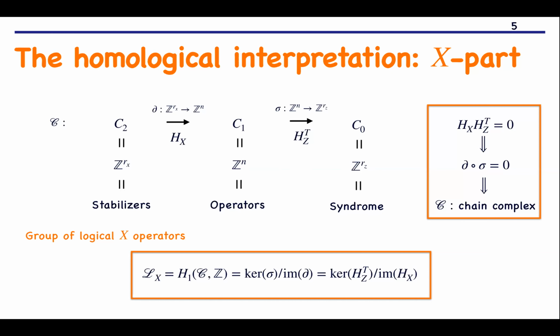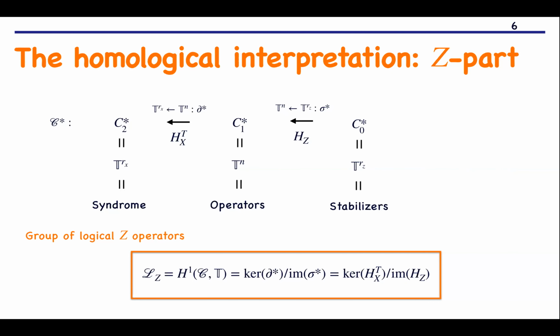The construction is analogous for the Z part, but now we take the co-chain complex. Maybe just a remark here is that notice that the co-chain complex is no longer over Z, but is over T. So this is, let's say, a non-trivial thing of rotor codes.